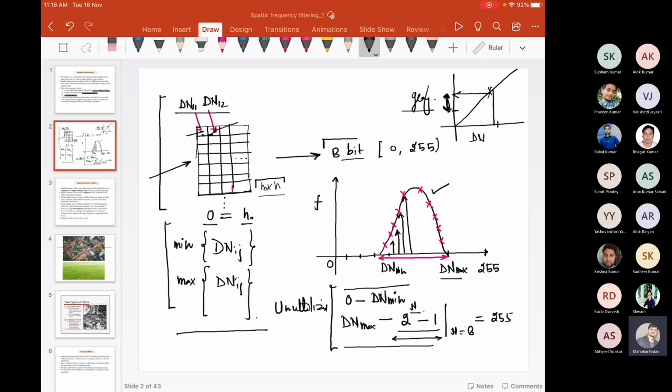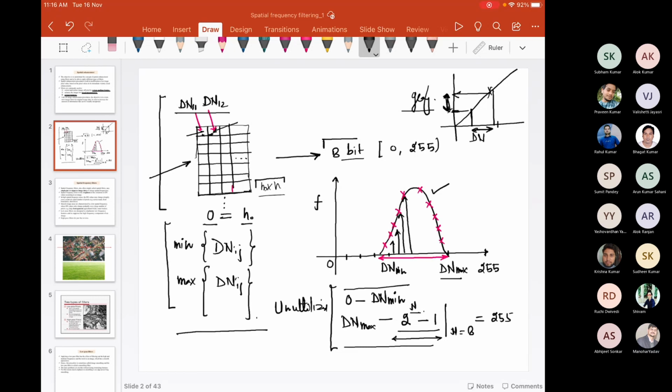So to increase the visual quality of the image or to distinguish the various features present in the image, you need to increase the differences in gray. Gray intensity level needs to be highlighted, needs to be increased, and similarly it can be done by increasing the difference in the digital number.